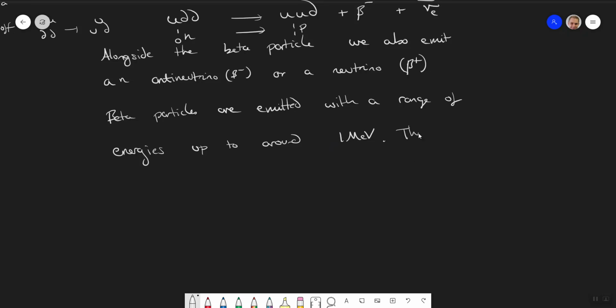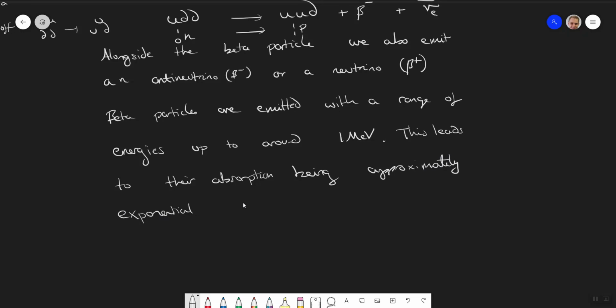This leads to their absorption being approximately exponential. Now, this approximately, it's difficult with beta because as they collide with things, they can also knock electrons out of the things they hit.